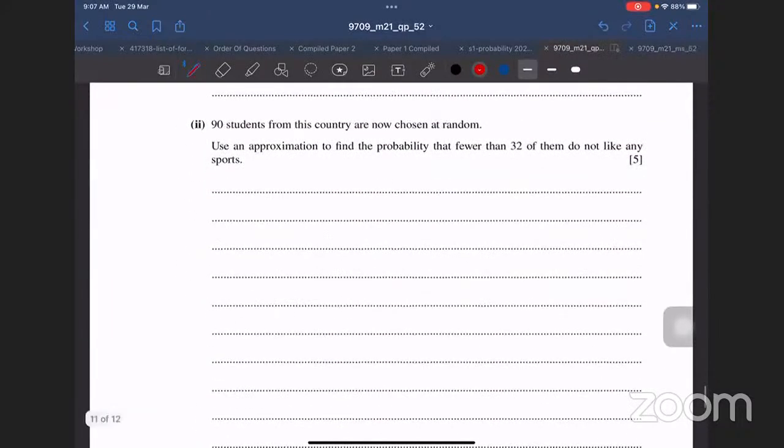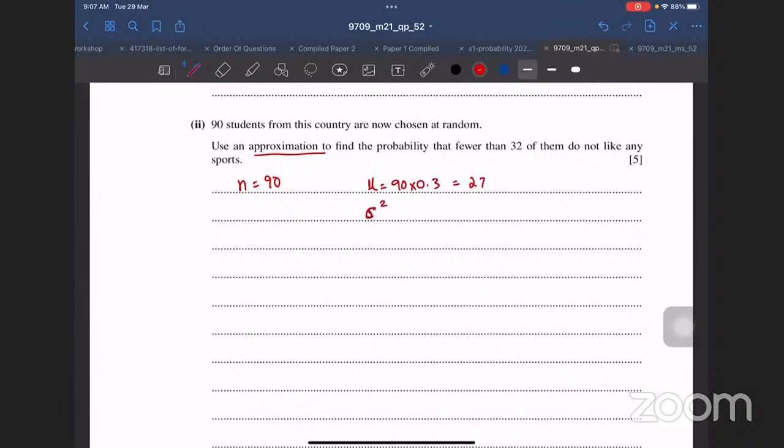It says 90 students are chosen. And it says use a suitable approximation. So this question is about converting the binomial to a normal distribution. Okay, when I convert to a normal distribution, I need mu and sigma. So 90 times 0.3 gives me 27.